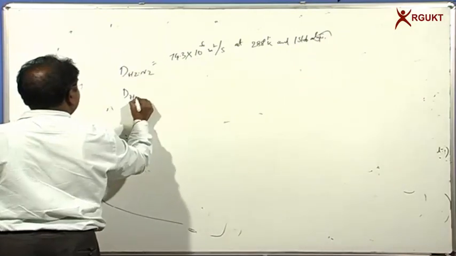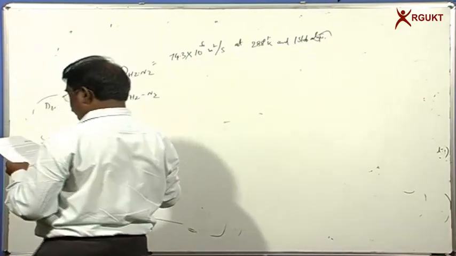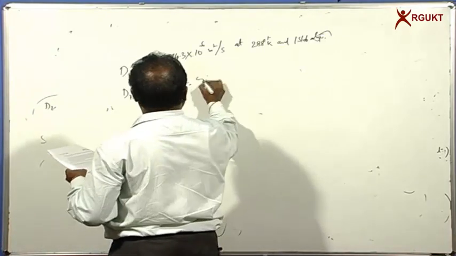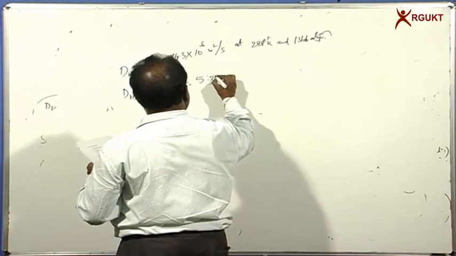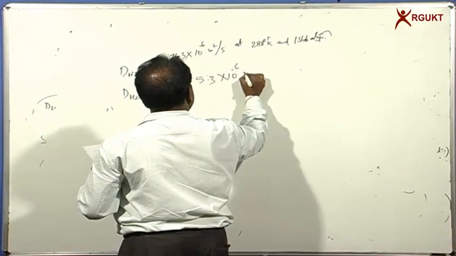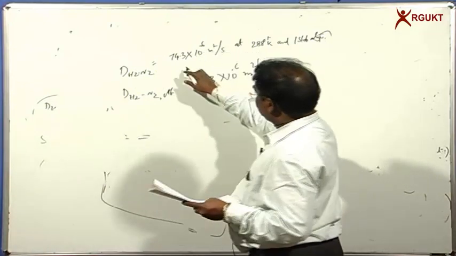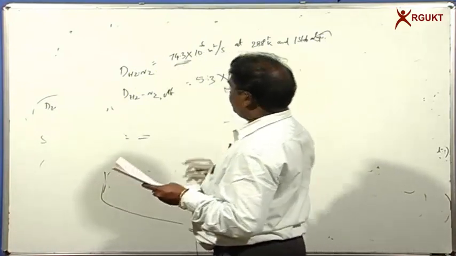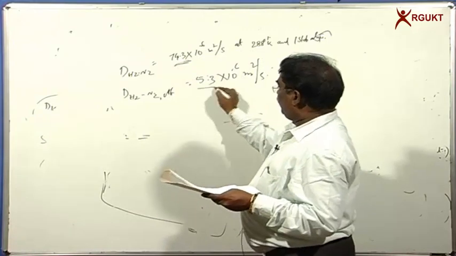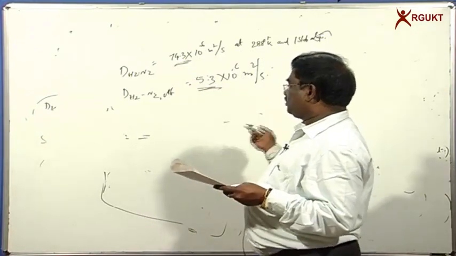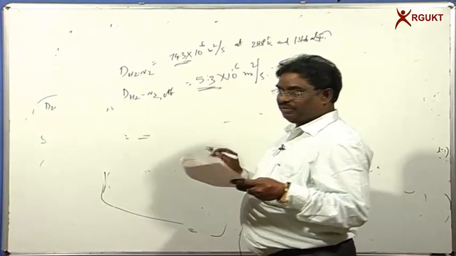We have D_H2N2 effective diffusivity coefficient as 5.3 into 10 power minus 6 meter square per second. Try to see the difference here. The actual diffusion coefficient is 74.3, but the effective diffusion coefficient is 5.3, which is almost 14 times lower than the actual diffusion coefficient.